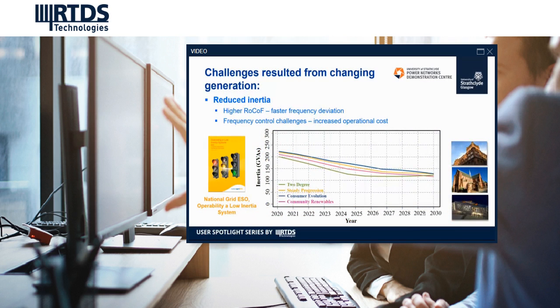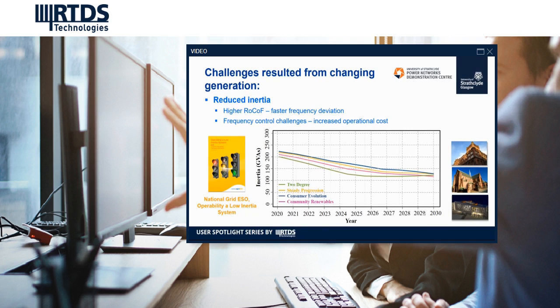As a result of the changing generation pattern, the system is facing a large decrease in system inertia. Here's a study conducted by National Grid to show the change of inertia in coming years. The four different curves mean 4 different possible energy development scenarios in the GB transmission system.